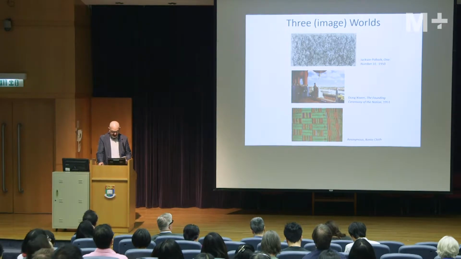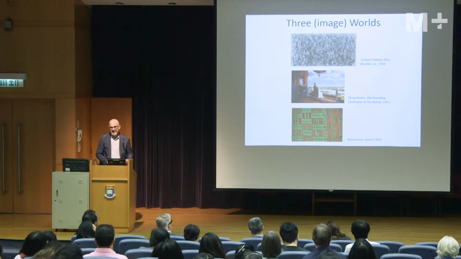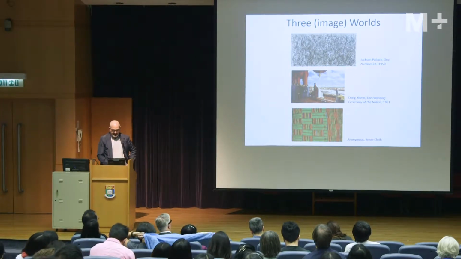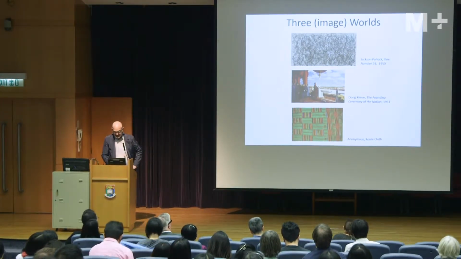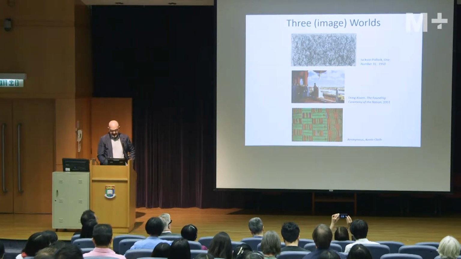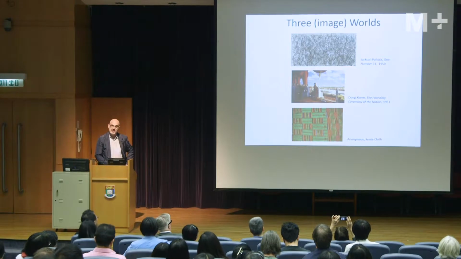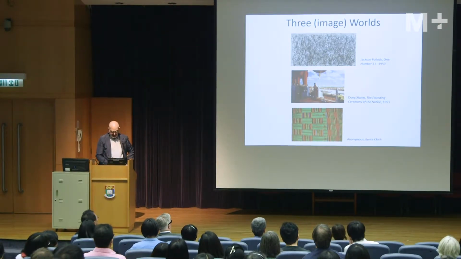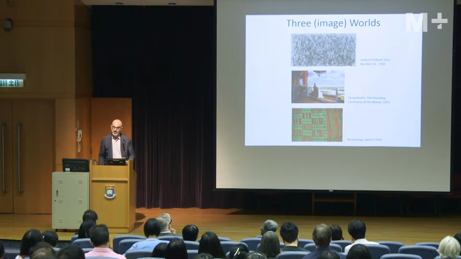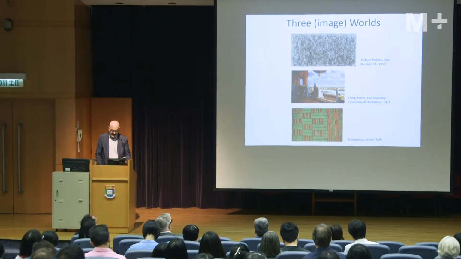And here I'm showing you one very simple image to stand in for each: Jackson Pollock's classic drip painting from 1950, Dong Xiwen's The Founding Ceremony of the Nation from 1951, and an anonymous kente cloth from Ghana in Africa. In this slide, the three image worlds might be categorized as follows.